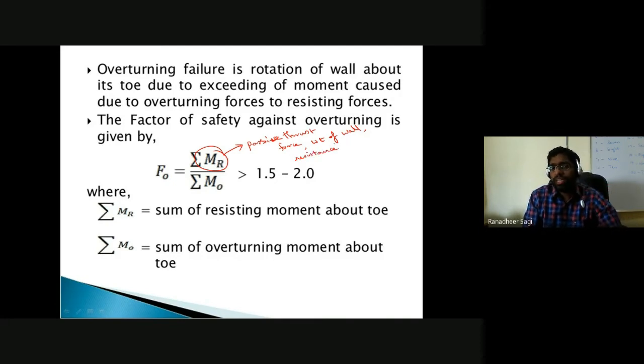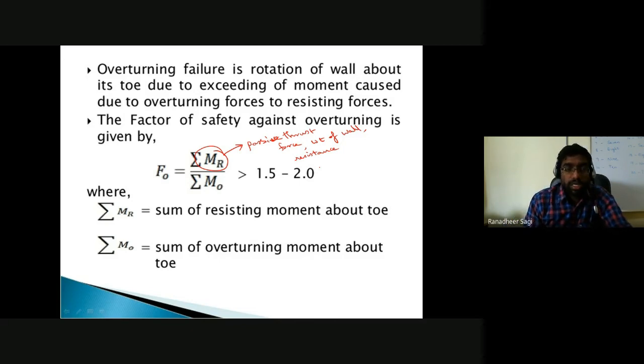But at the base of the retaining wall, the effect of that resistance would not cause any rotation, or it will not generate any moment resisting the rotation, because the line of action of that resisting force coincides with the toe portion about which you are calculating your moments.